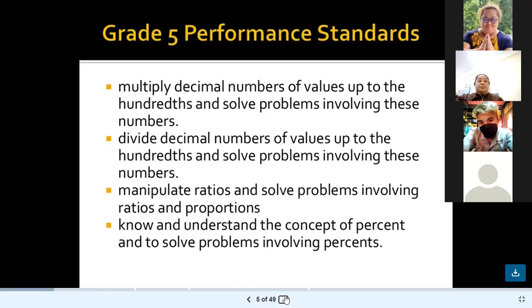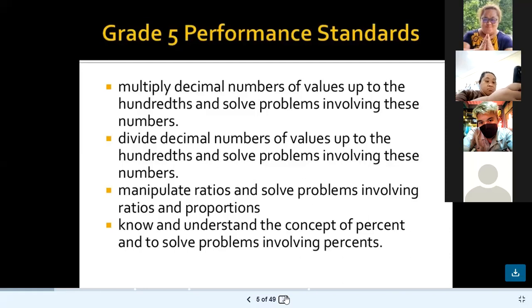Multiply the decimal numbers value up to the hundreds, and solve the problem involving this number. So, multiplying the decimal of the value. So, ang decimal value balanta nga kung paano kung pa right or pa left, either ga decrease or ga increase ang value sang number, or maybe it is a fraction or mixed number or other related questions.